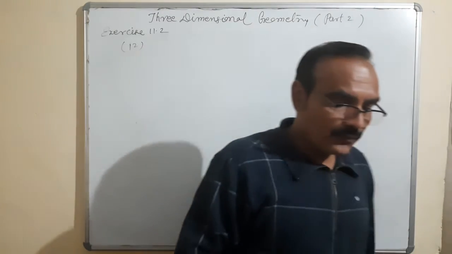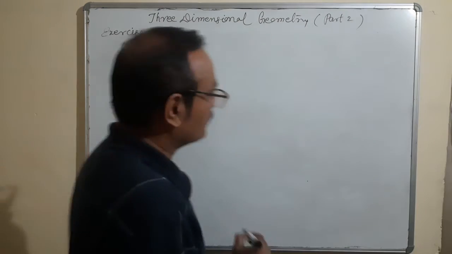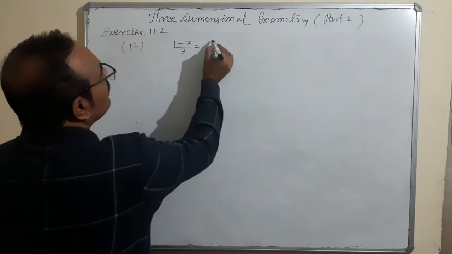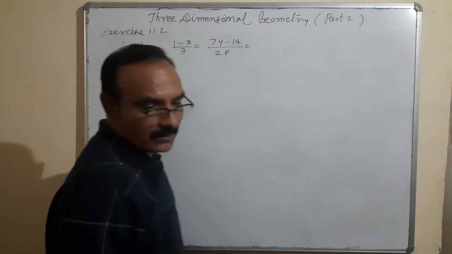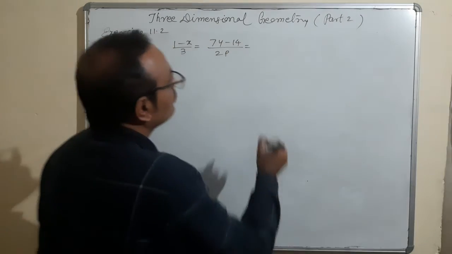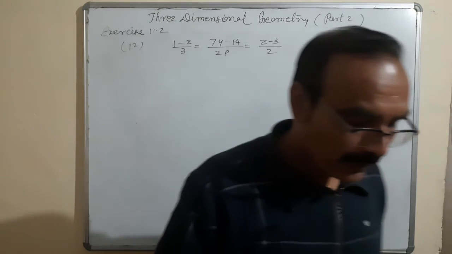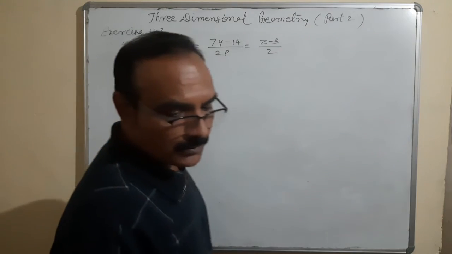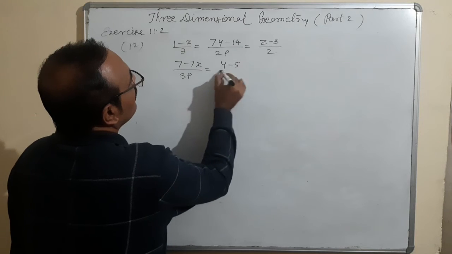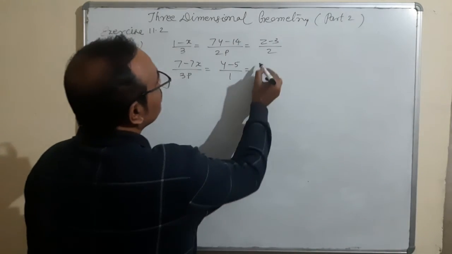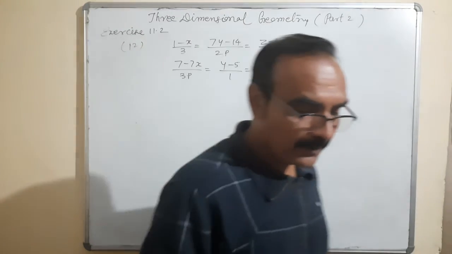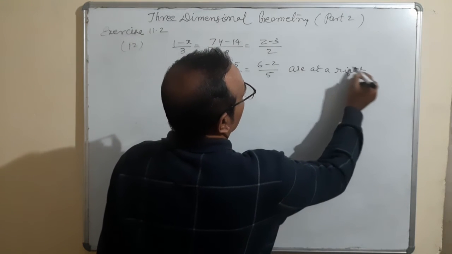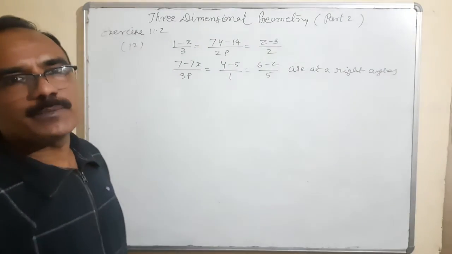Find the value of p so that the line (1 minus x) upon 3 is equal to (7y minus 14) upon 2p is equal to (z minus 3) upon 2, and the second line (7 minus 7x) upon 3p is equal to (y minus 5) upon 1 is equal to (6 minus z) upon 5, are at right angles. That means they are mutually perpendicular.